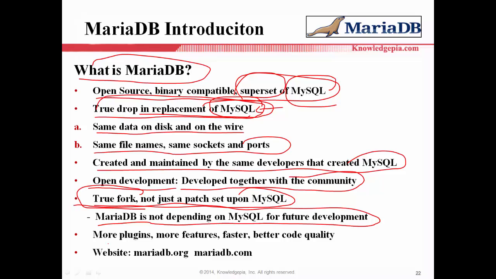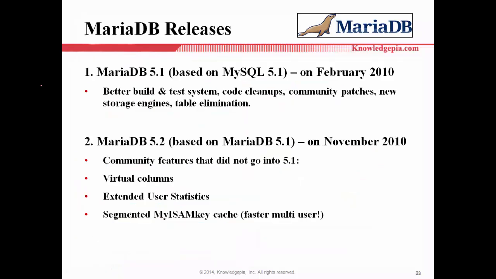At first, MariaDB depended on the MySQL source code, but now the latest version of MariaDB does not depend on MySQL anymore. More plugins, more features, faster, and better code quality are supported by MariaDB. If you want any information about MariaDB, you need to visit these two websites.